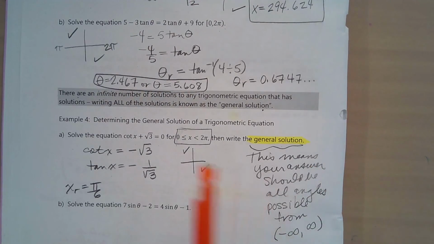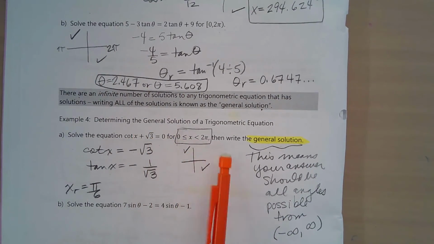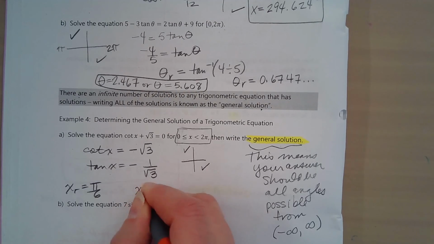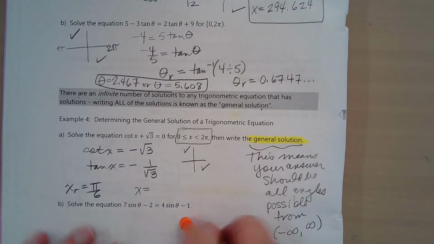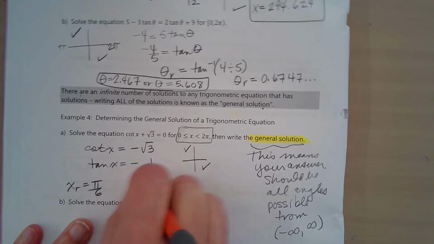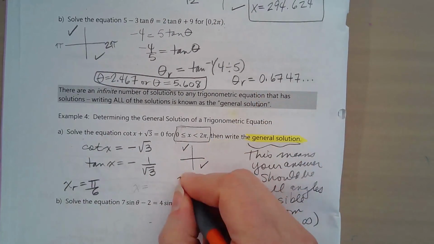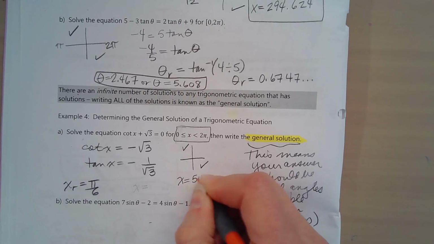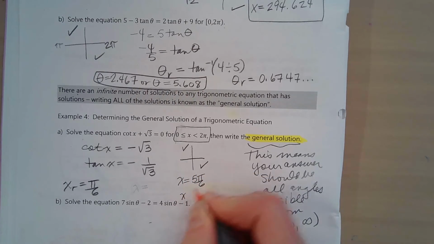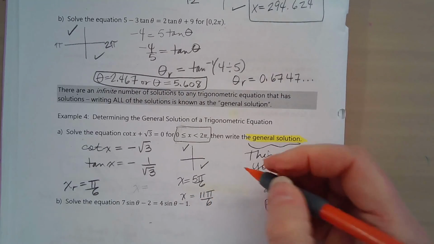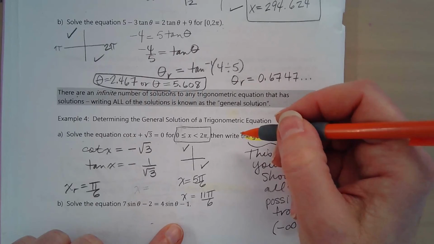So what are my answers? What are my pi on 6s in quadrant 2 and quadrant 4? What's my quadrant 2 pi on 6? 5 pi on 6. And what's my quadrant 4 pi by 6? 11 pi on 6, yeah. Okay, so that's my solution from 0 to 2 pi.